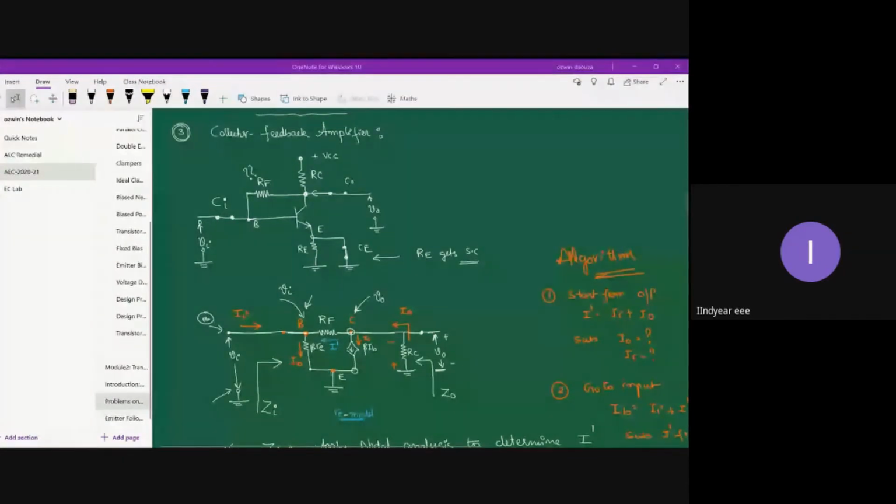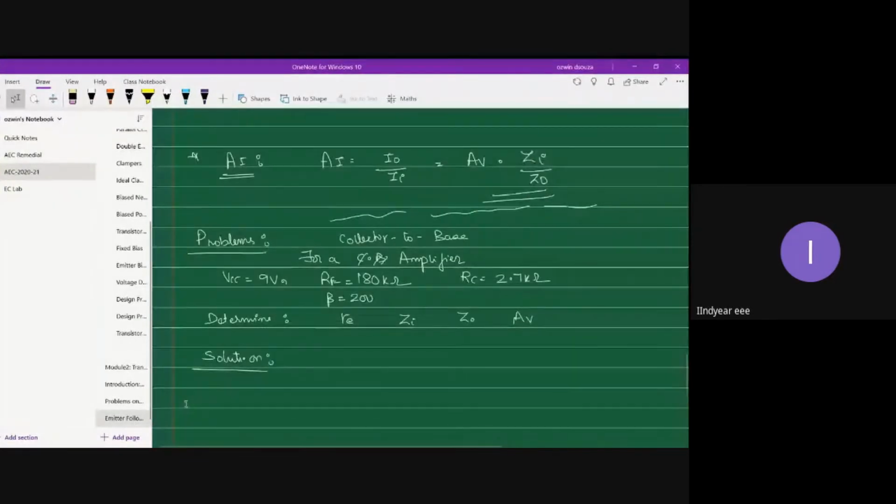So what you have to do is go back to the collector feedback or collector to base bias amplifier, and collect the results from there. First of all, what we need to find out is RE. So RE is 26 millivolt divided by capital IE.